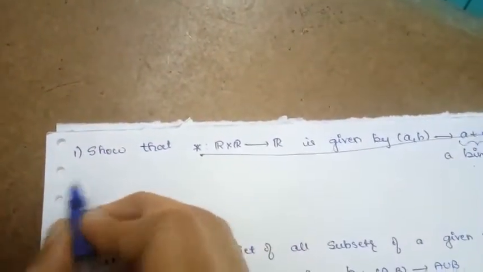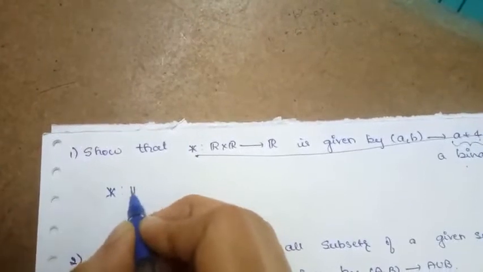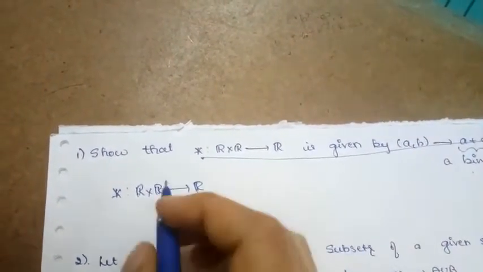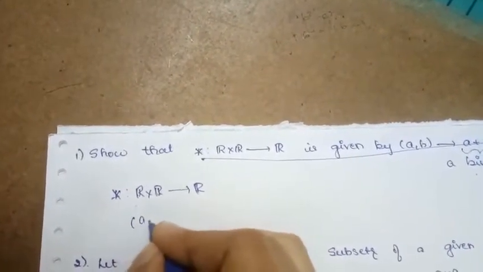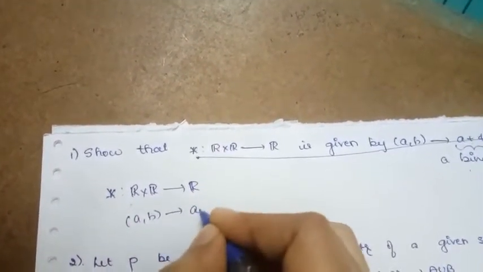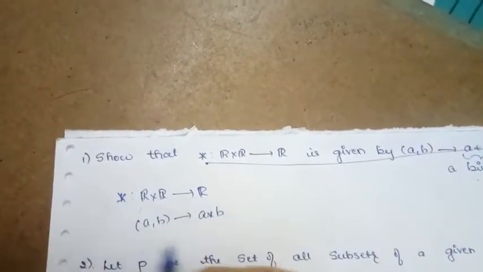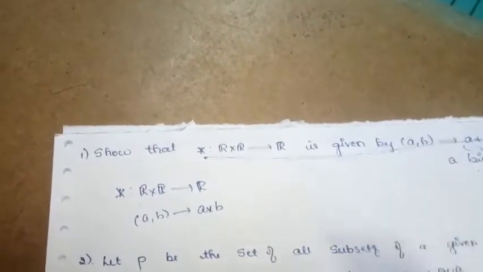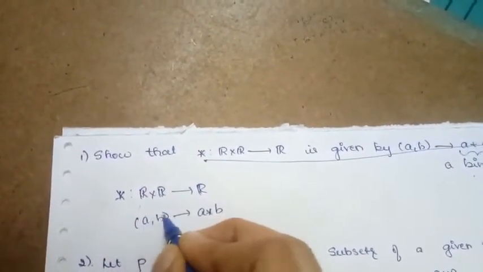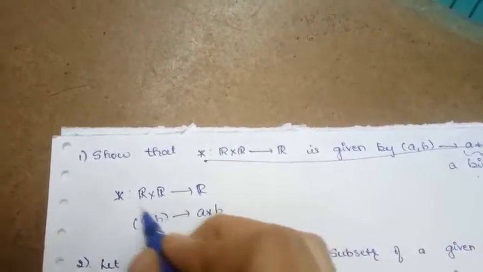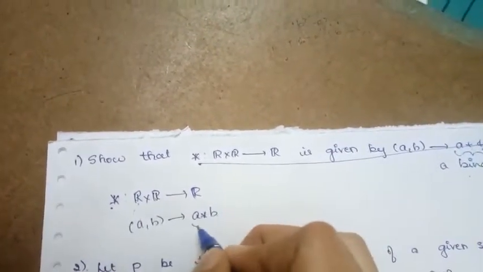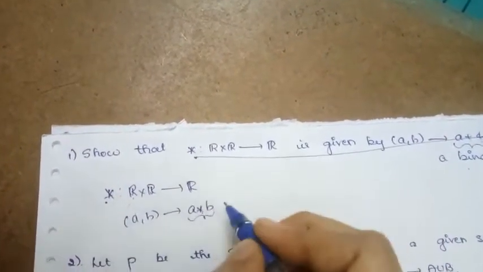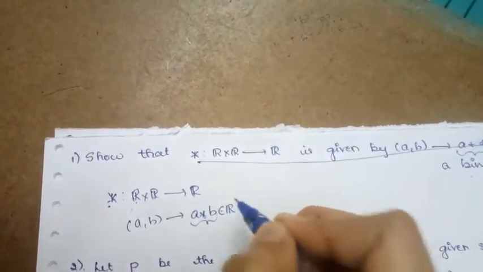What I said in the beginning is that star from R cross R to R is said to be a binary operation if we take any two elements (a, b), and the element we get is a star b upon applying the operator. So when we say star is a binary operation, when we take two elements from this Cartesian product and apply this operator, whatever resultant we get should belong to the set of real numbers.